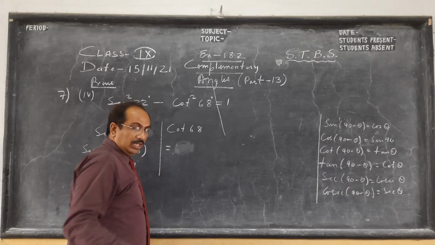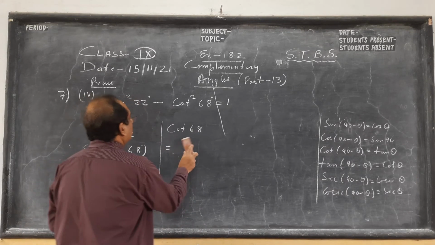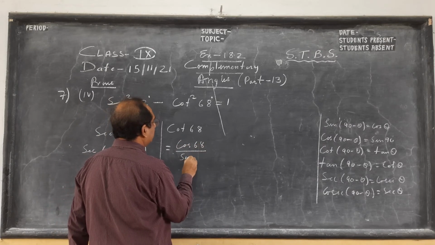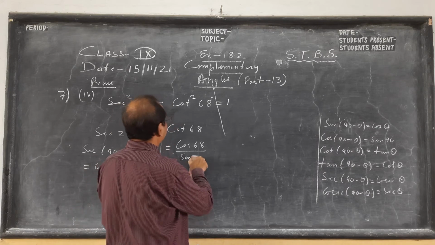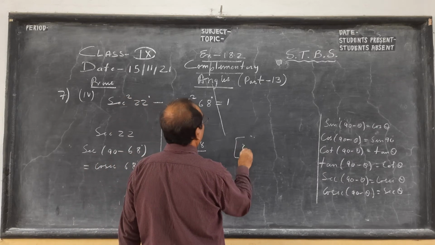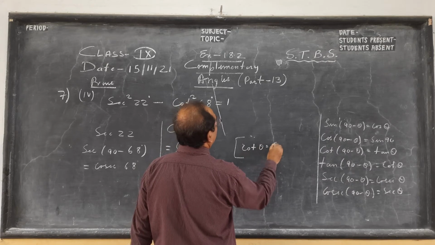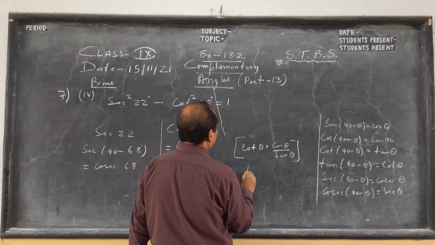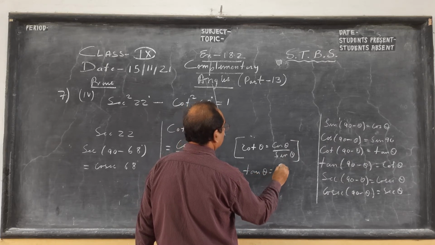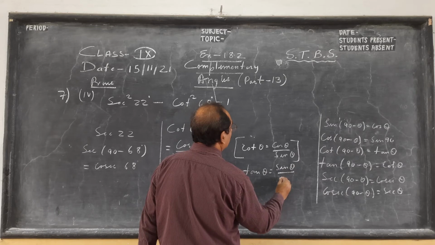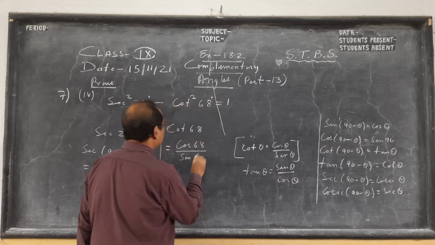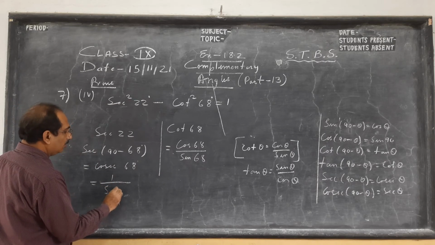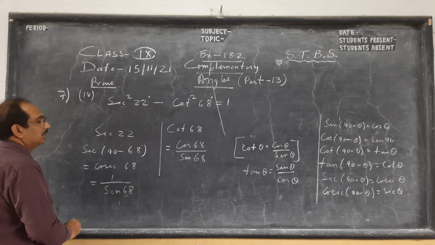So one relationship we know is cot theta is cos theta by sin theta, and if you remember tan theta, this I may not need in this sum, but I am telling you is sin theta by cos theta. So this is what I get, and children, cosec is nothing but 1 by sine. Okay, 1 by sine 68.